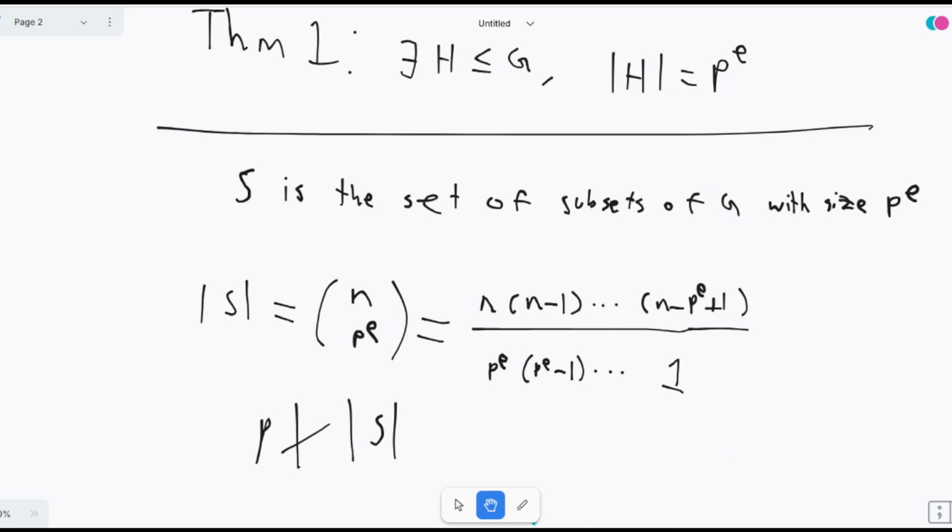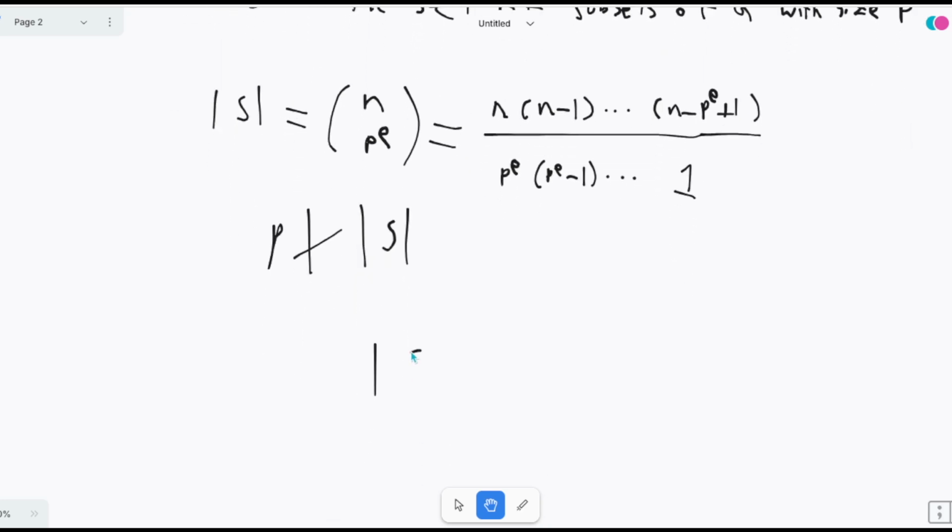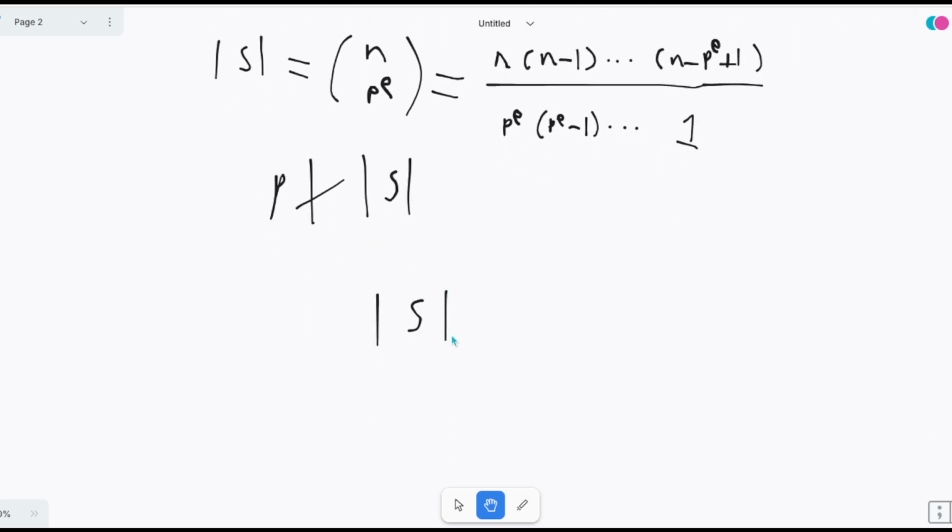We're going to let the elements of G act on the subsets of G. And so if we break up S into orbits, those form a partition, so we can say that the size of S is the sum of the size of O for all orbits O.